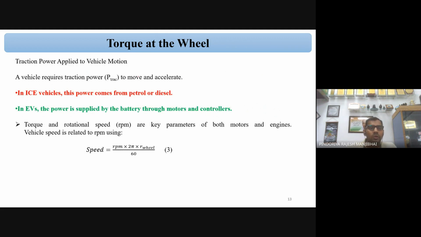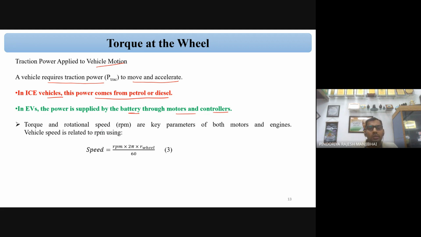Still continuing, traction power is applied to the vehicle motion. The vehicle requires traction power to move and accelerate. In an IC vehicle, this power comes from petrol and diesel, but in an EV we get it from the battery through the motors and the controller.